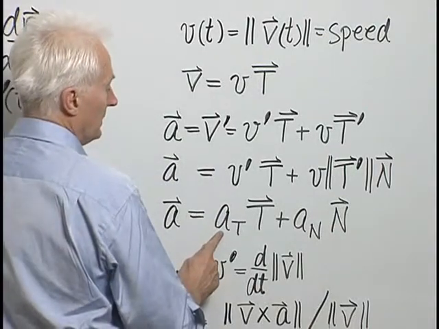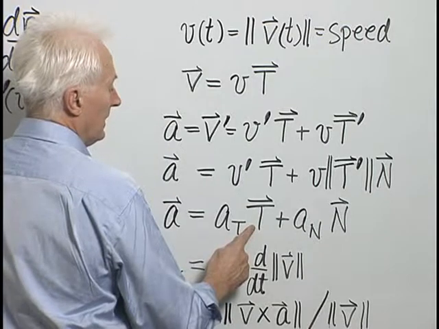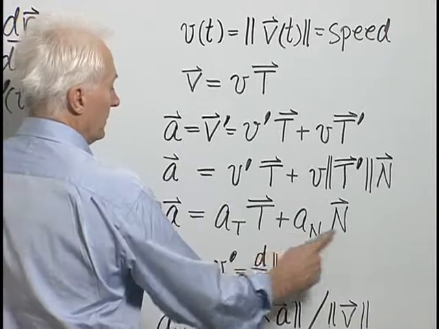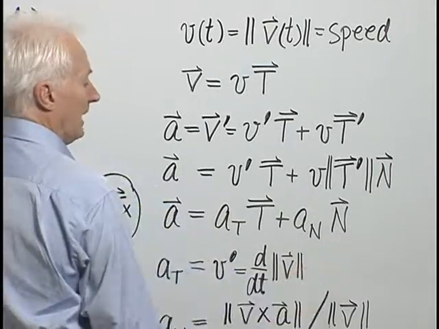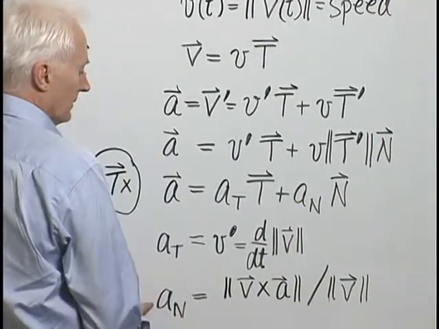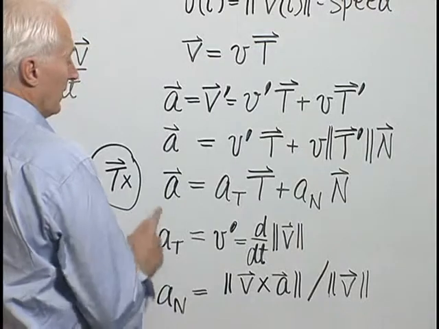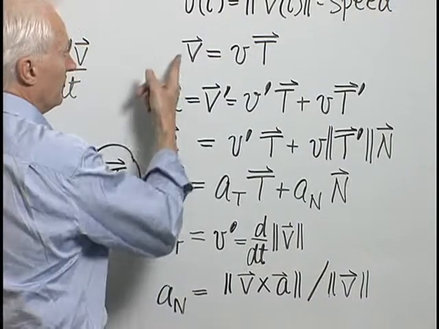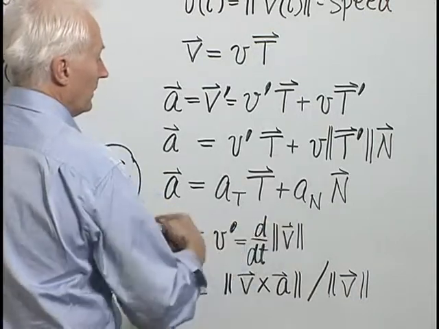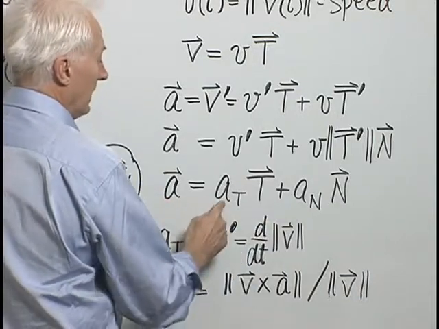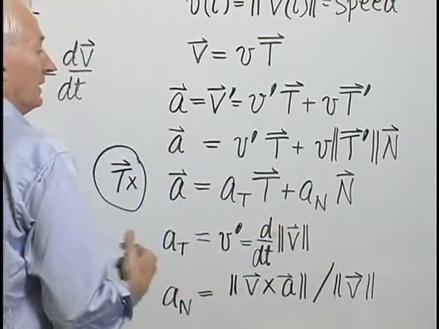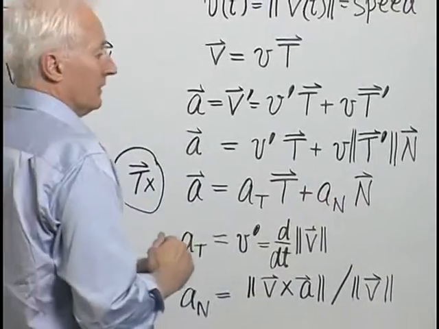If you know the A sub t, if you know the capital T, if you know the A sub n, and you know the A, then using this equation, you can solve for capital N. And since you have a simple expression for A sub t, a simple expression for A sub n, and of course you know A right after you've differentiated the velocity function itself, consequently in this formula the most immediate things are the A sub t, the T, and the A sub n. And so you just solve it for capital N to find the normal vector.